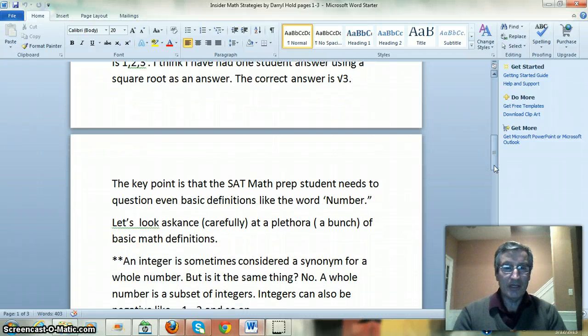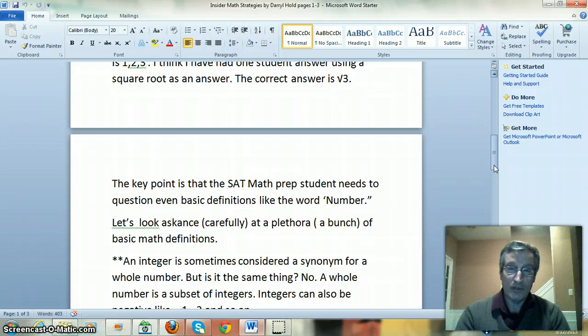Okay, so the key point is that the SAT math prep student needs to question even basic definitions like the word number. I've heard it said that we're creatures of habit. The question is, are they good, productive habits, or counterproductive, destructive habits? The SAT is well aware of the fact that we're creatures of habit too, and it's the ability to dispense with that. I was recently tutoring a student in geometry, and we switched from two-dimensional axes to three-dimensional.